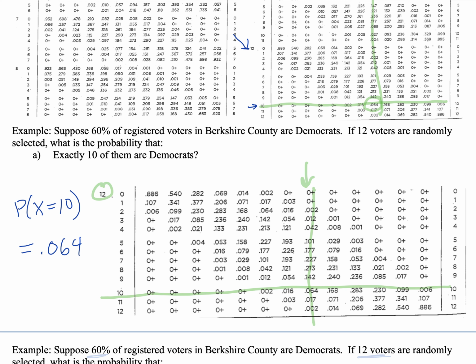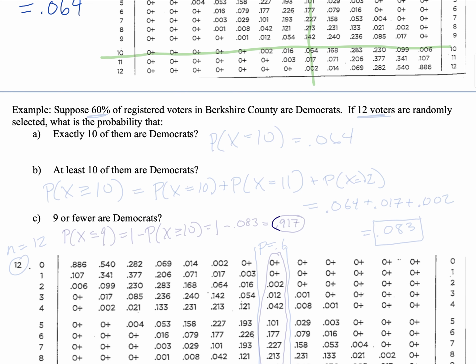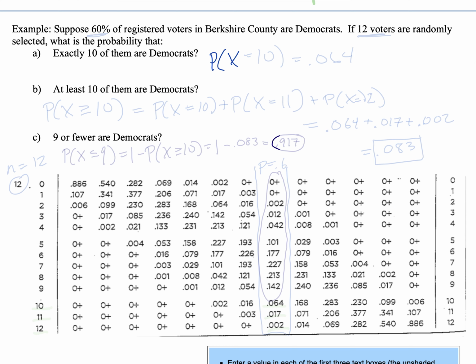Let's look at some more examples with this same premise. So the probability that x was exactly 10 we saw was 0.064. So what's the probability that at least 10 of them are Democrats, and that 9 or fewer of them are Democrats? We're still going to be looking at the same value for n equals 12. There are 12 trials. Again, that's the extreme left-hand side.